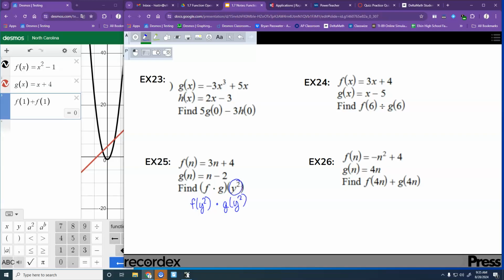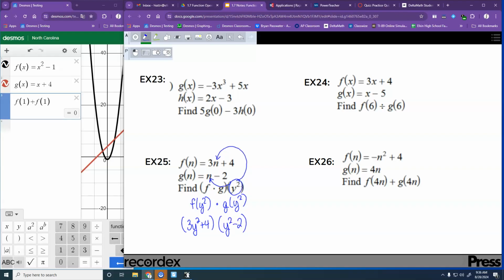That means you're plugging in y squared for your variables in those different equations. So instead of having 3n plus 4, you're going to have 3y squared plus 4. And then instead of having n minus 2, you'll have y squared minus 2.